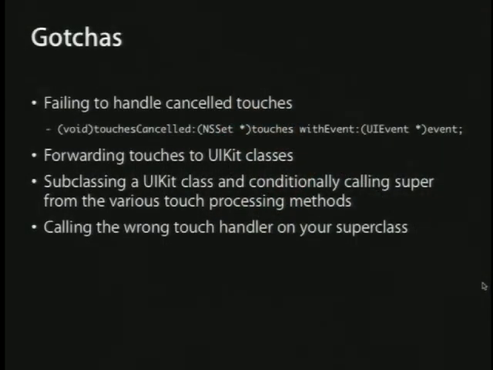We've seen this a few times where somebody's trying to do something kind of tricky, like, for example, they're handling a touch, and in touches moved, they want to stop processing. They call super touches ended from their touches moved. Who knows what state that's going to leave the parent object in.